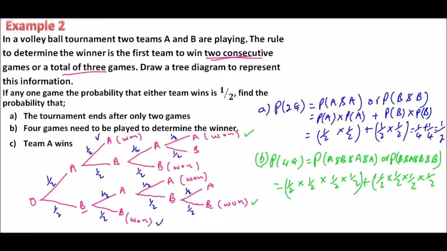So when you compute that, this will give you 1/16, plus 1/16, which is 1/8 when you add. So that is the probability that 4 games need to be played to determine the winner.